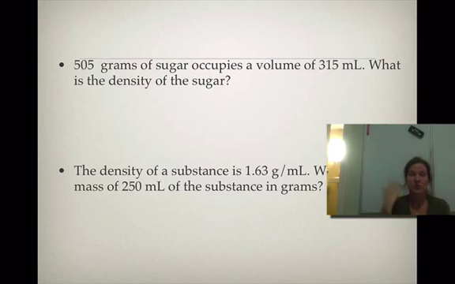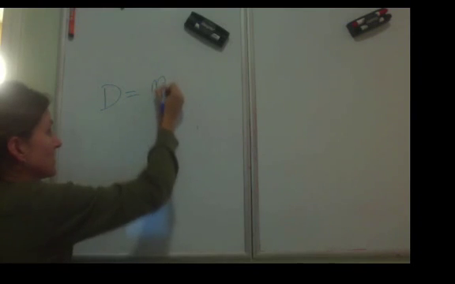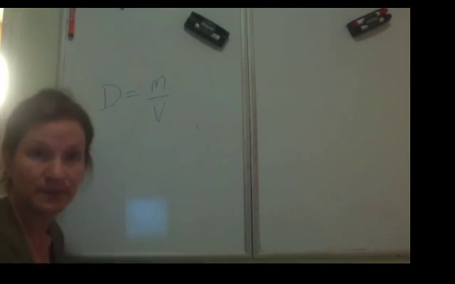So how do you solve density problems? This is simply an equation where you'd plug it in and solve. For this problem, there's 505 grams of sugar in a volume of 315 milliliters, and the question is, what's the density? Well, the density always equals mass per volume.